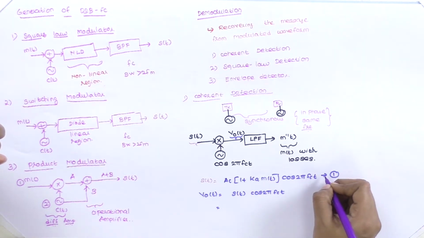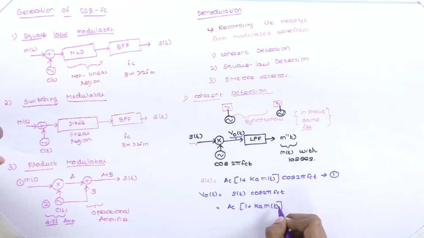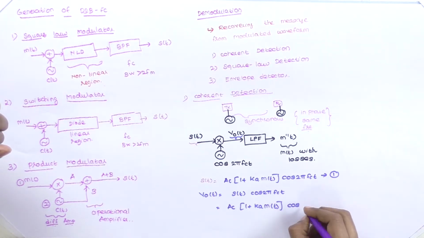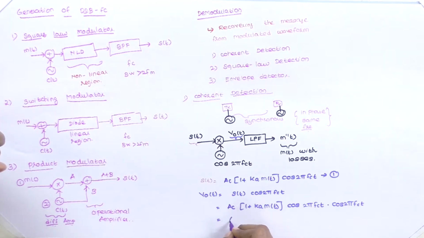We know from equation 1, S of t is Ac into 1 plus Ka m of t cos 2 pi fct, into cos 2 pi fct. We can replace these two terms as cos square 2 pi fct. Therefore, Ac into 1 plus Ka m of t cos square 2 pi fct.